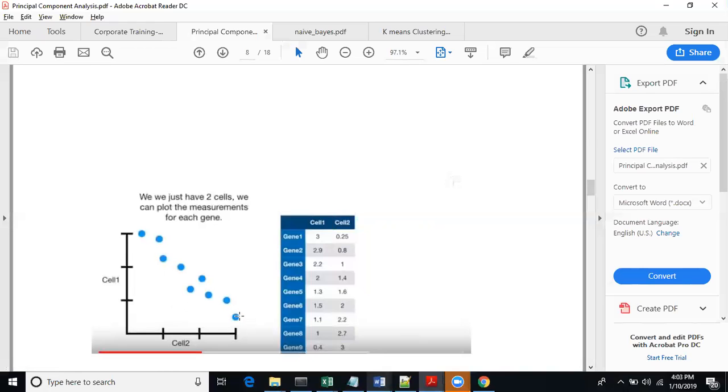And when cell 2 increases, cell 1 decreases, correct? This way, when you see a graph like this, you always call it a negative correlation. And this way is called a positive correlation. This increases, that also increases.